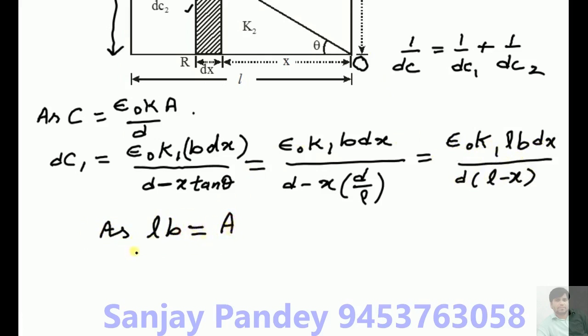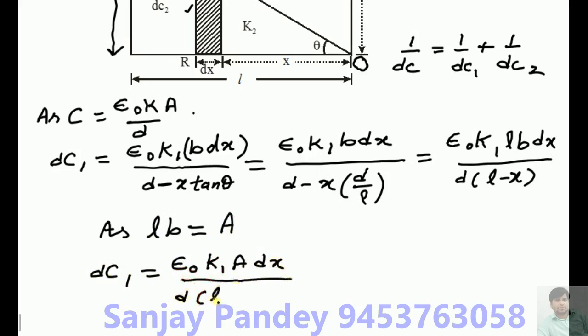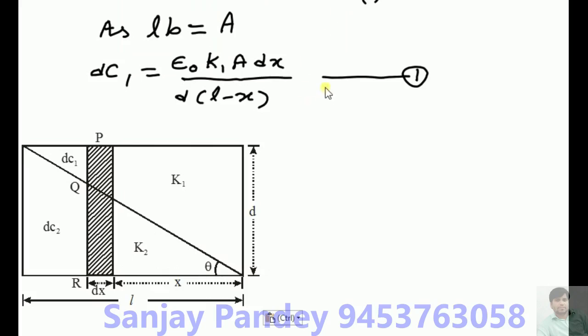So we can write dC1 is equal to epsilon naught K1 A dx upon D into L minus x. Let us call this equation 1.